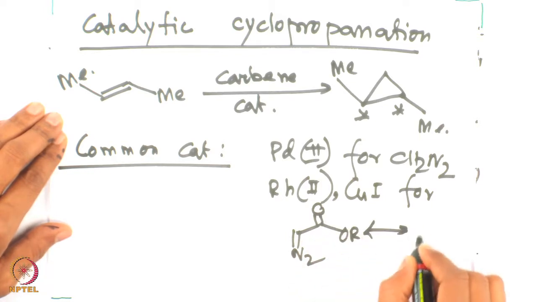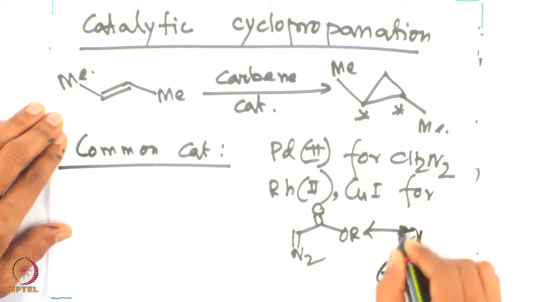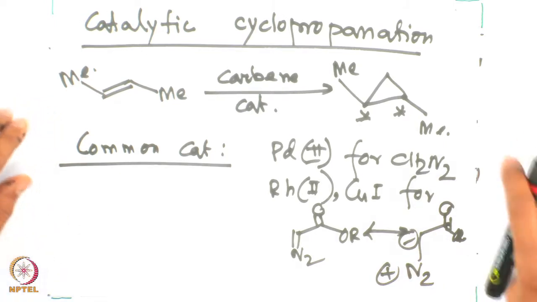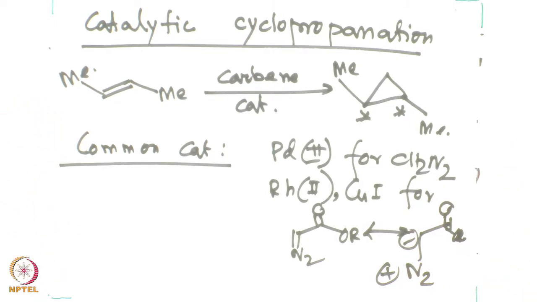So, this is in equilibrium with, you can see that N2 plus, and this is carbene minus COOR. Of course, you can think of this diazo reagent, diazomethane CH2N2 and diazo-ester and so on.